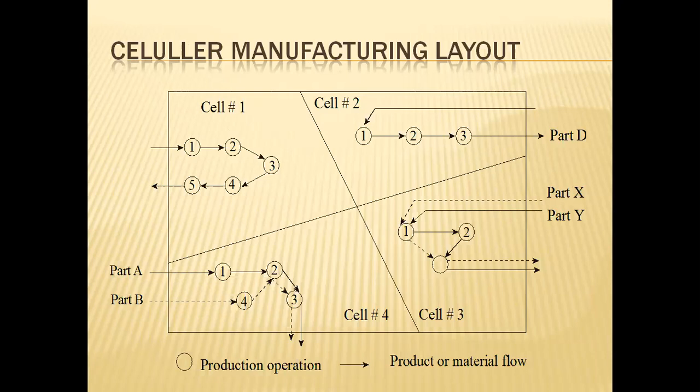Among the advantages of cellular layout are lower work in process inventories, reduced material handling costs, shorter flow time in production, simplified production planning, that is materials and labor, and increased operator responsibilities.